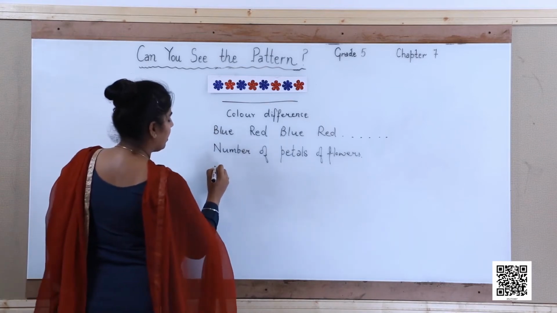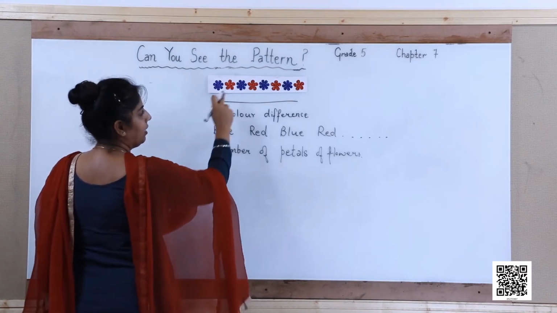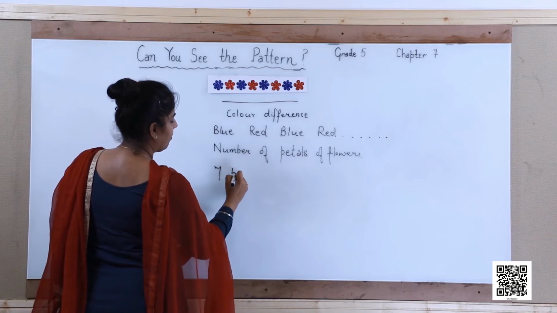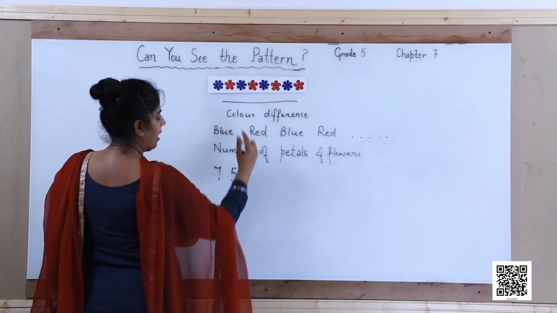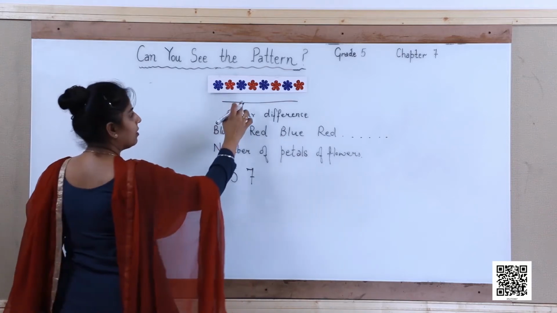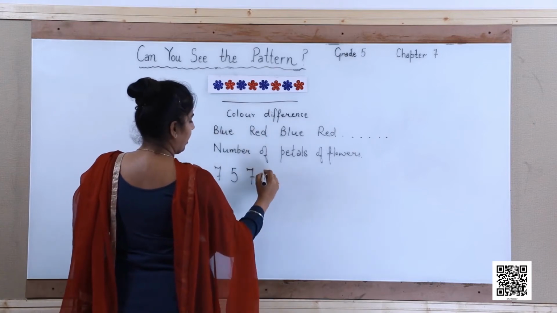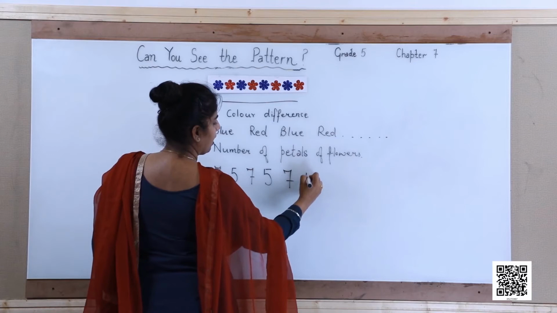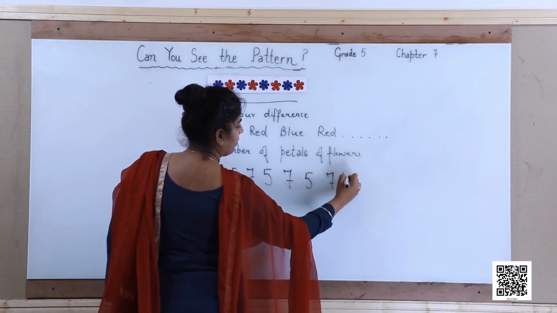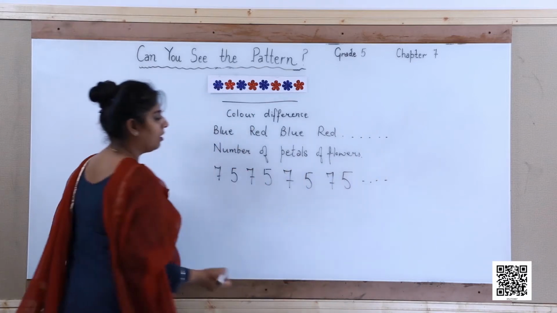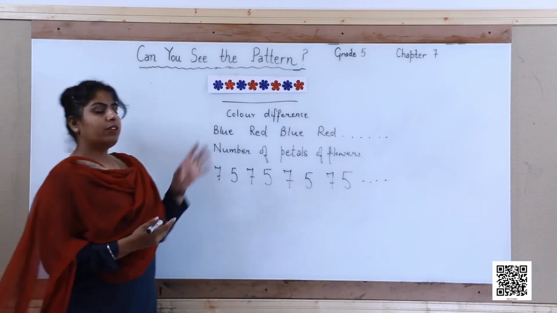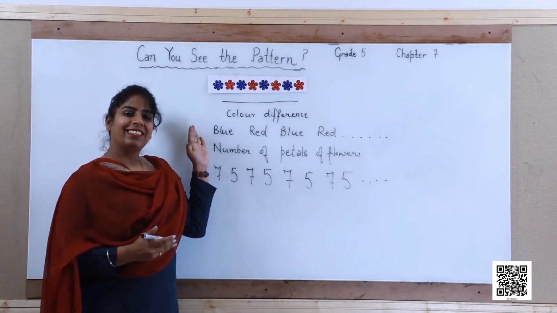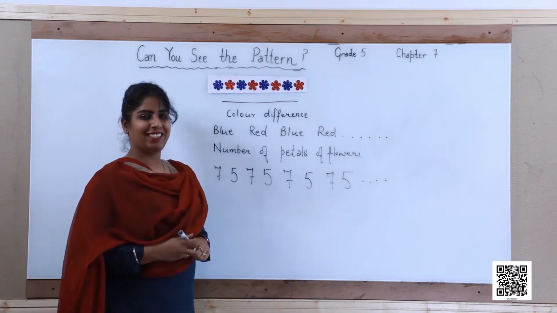Correct, 7. And then in the red, 5. The next flower has 7 petals. And then red, 5, 7, 5, 7, 5, and so on. So, can you see this pattern? Yes. Good, my dear children.